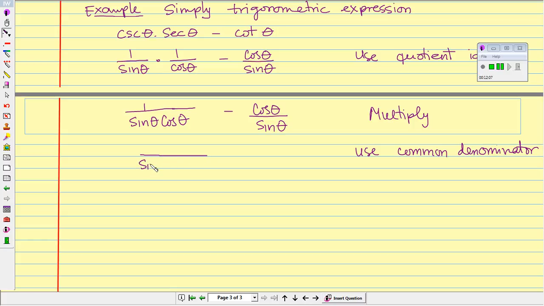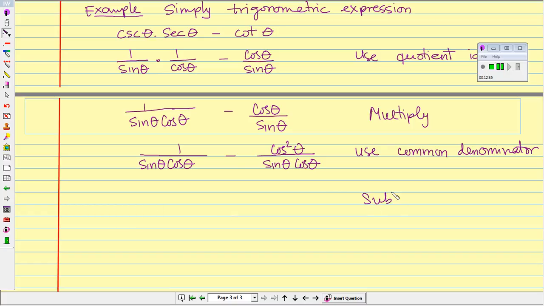The first fraction already has the common denominator, so we just write it down: sine times cosine. The second fraction doesn't have cosine, so we have to multiply by cosine in the denominator. On the numerator, cosine times cosine, we can write cosine square, or cosine to the power 2.